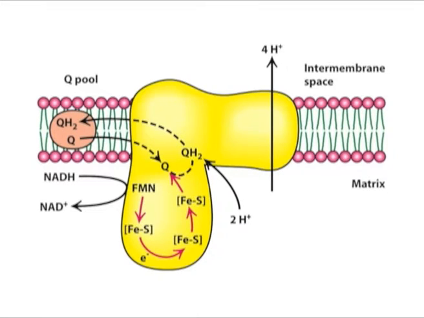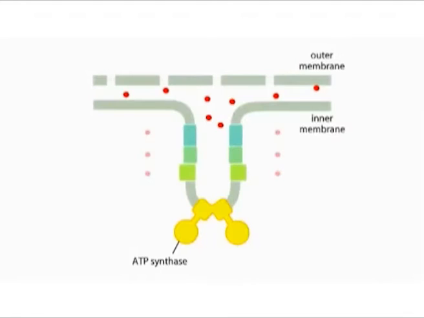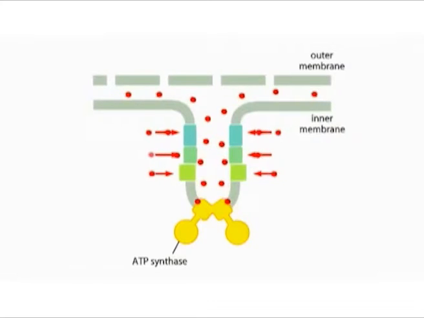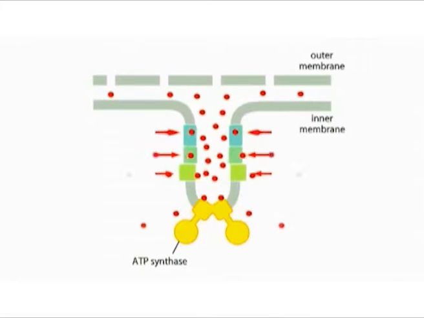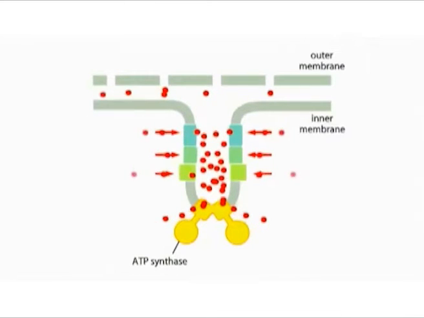NADH Q reductase and cytochrome BC1 each pump 4 protons, whereas cytochrome C oxidase pumps only 2. The protons then flow down their electrochemical gradient back into the mitochondrial matrix via an ATP synthase enzyme complex which generates ATP.